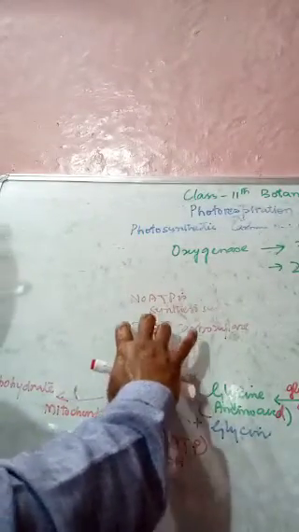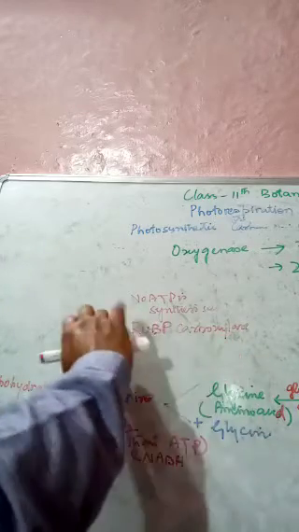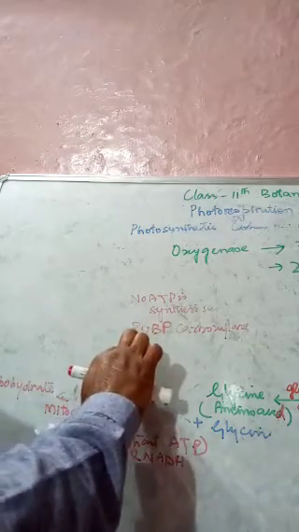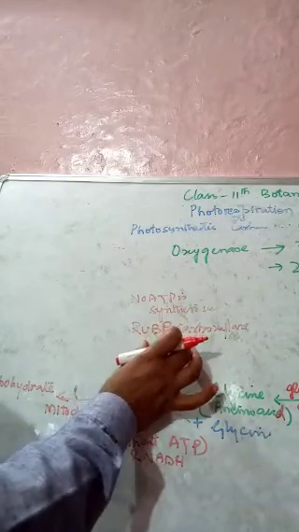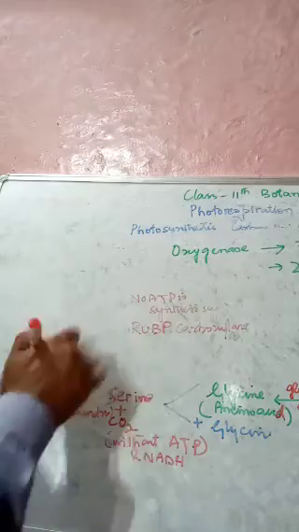This is mainly due to the special ability of the RuBP carboxylase enzyme: with the increase in temperature and oxygen concentration, the affinity of the enzyme with carbon dioxide decreases and that for oxygen increases. This whole process of photorespiration mainly takes place in temperate plants.